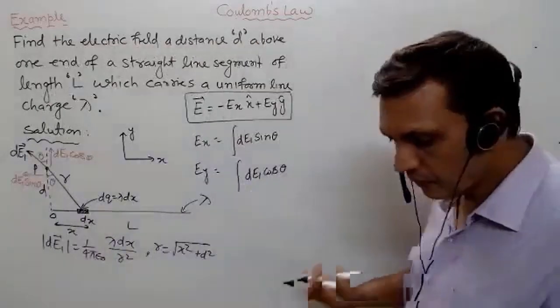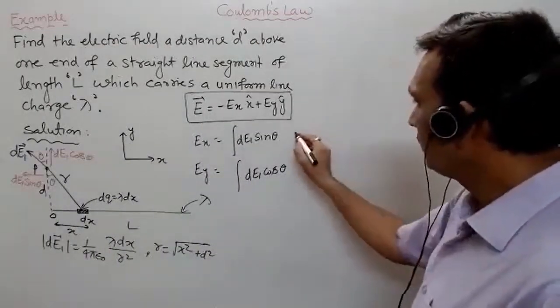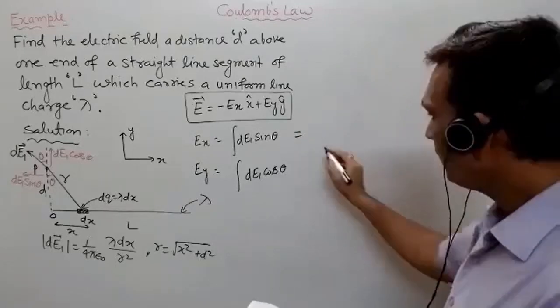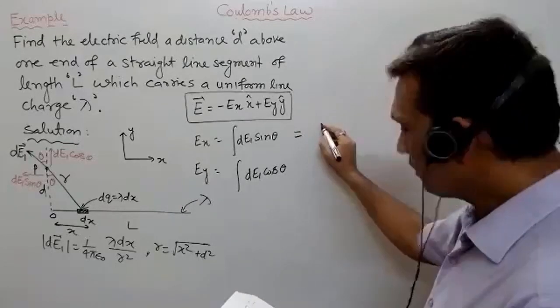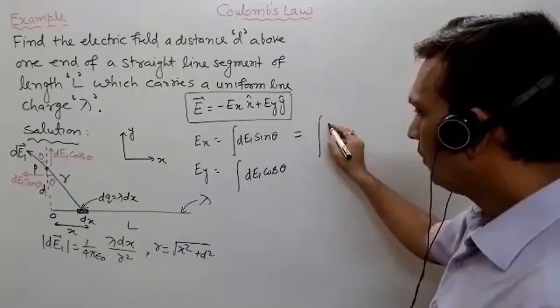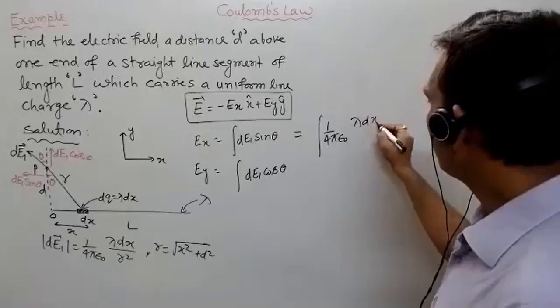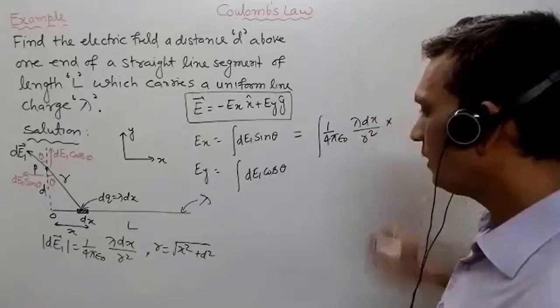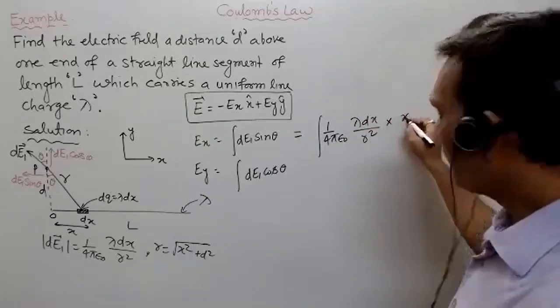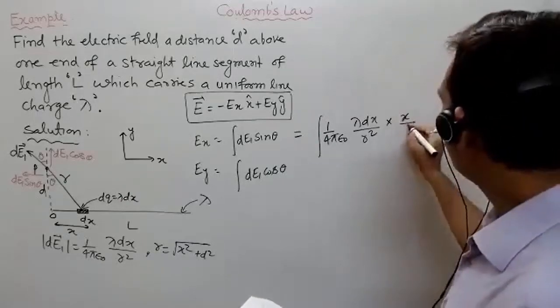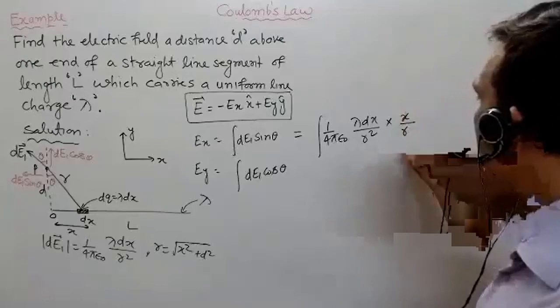So let us see what will be dE1 sin theta. This is 1 by 4 pi epsilon naught lambda dx by r square, and the sin theta term is x by small r.